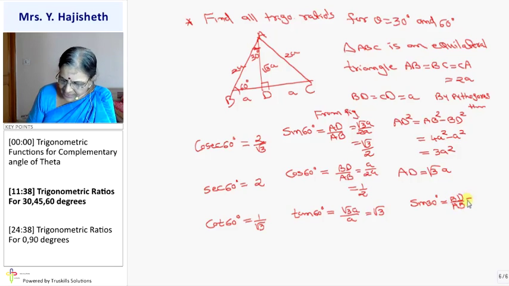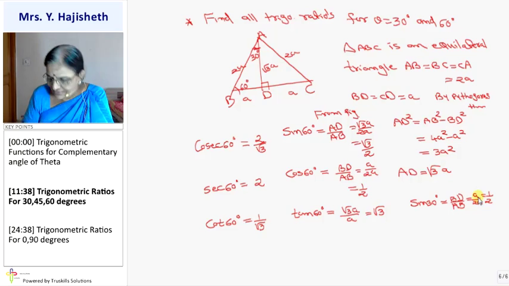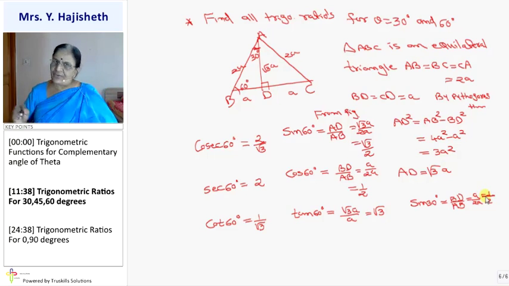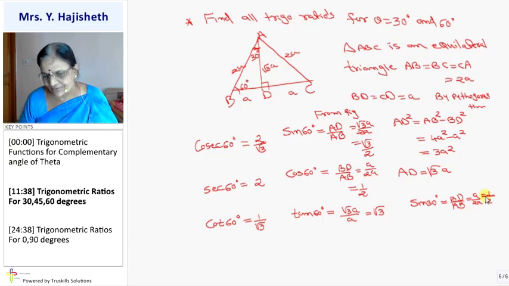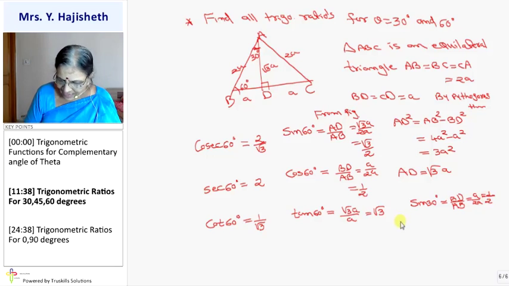So it is A by 2A. So it is 1/2. See. From figure also my sin 30 is 1/2. And by using that complementary result also my sin 30 is 1/2. Because sin 30 is cos 60. When sin 30 is 1/2, my cosec 30 is what? 2. Clear?